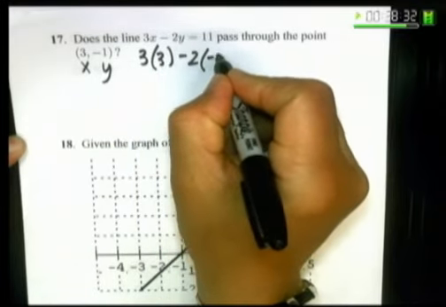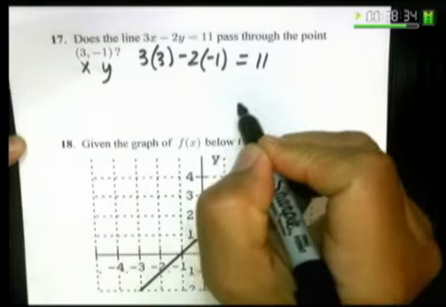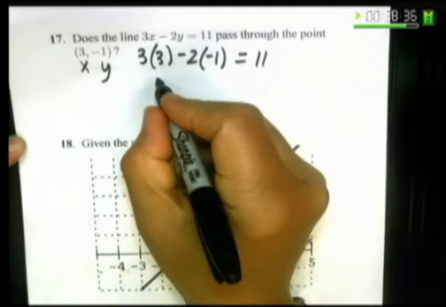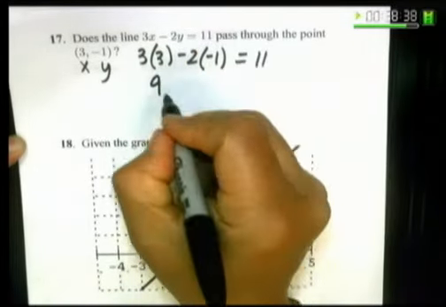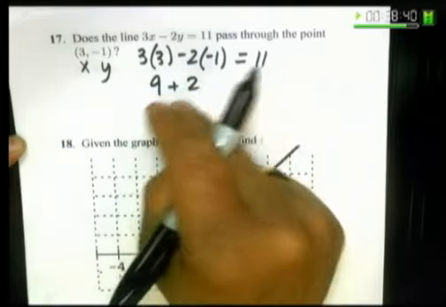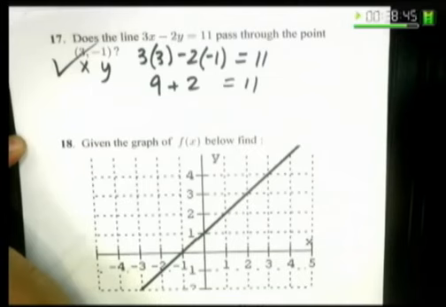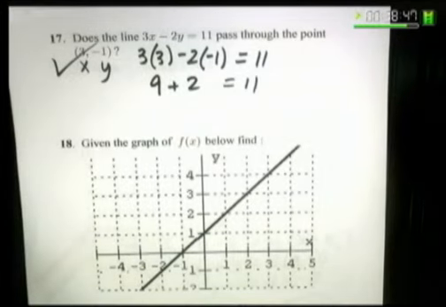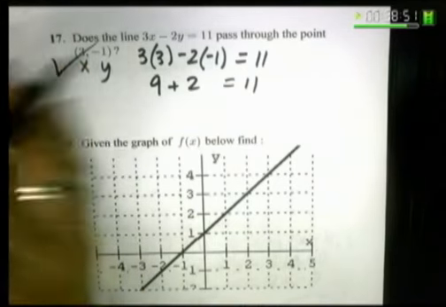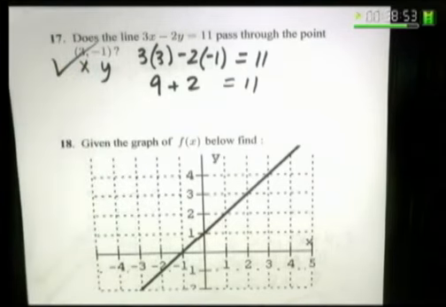Minus 2 times y. What is y? And see if that's equal to 11. Well, 3 times 3 is 9, and negative 2 times negative 1 is positive 2. 9 plus 2, yeah, so that point goes through there. In other words, you plug in the x value and the y value, and if it gives you a true statement, then you know that it goes through that particular point.